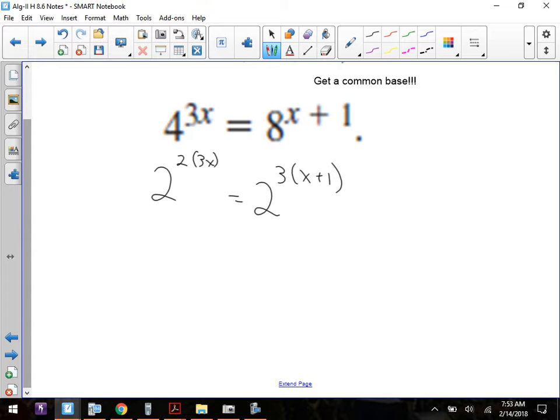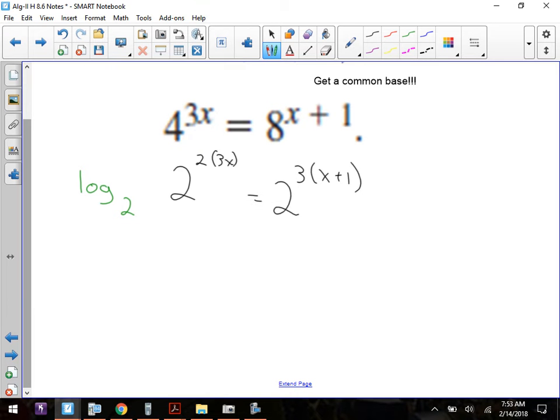Now, once you get the same base on both sides, you have base to the exponent, what happens here is that if I take the log base 2 of both sides, remember the property, log base b of b to the x equals x, because those bases undo each other.